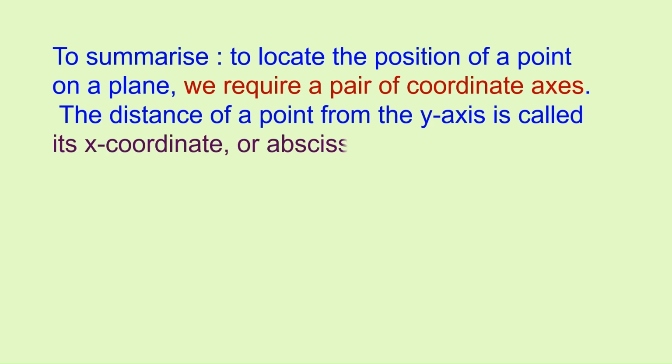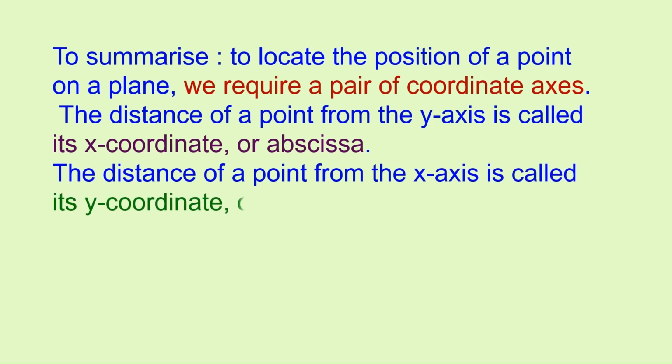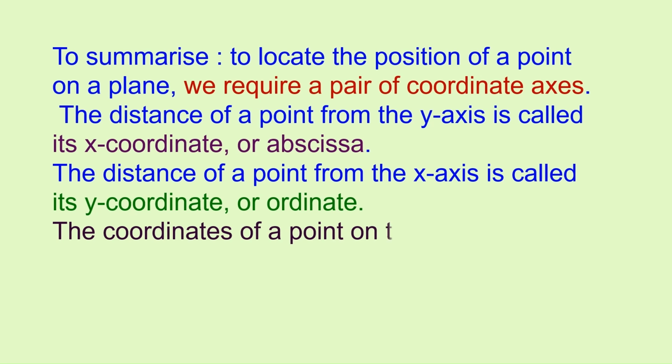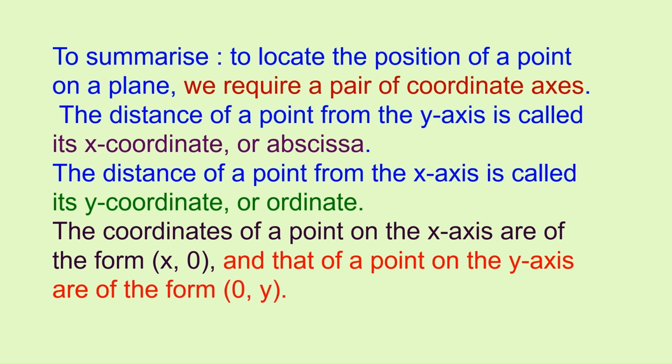The distance of a point from the y-axis is called its x-coordinate, or abscissa. The distance of a point from the x-axis is called its y-coordinate, or ordinate. The coordinates of a point on the x-axis are of the form x, 0, and those of a point on the y-axis are of the form 0, y.